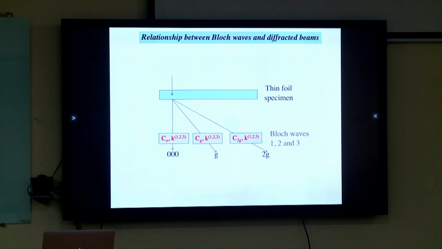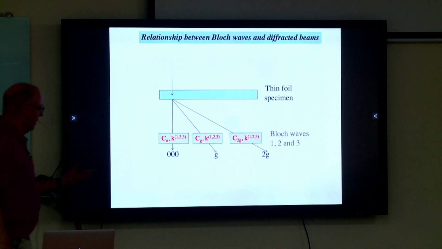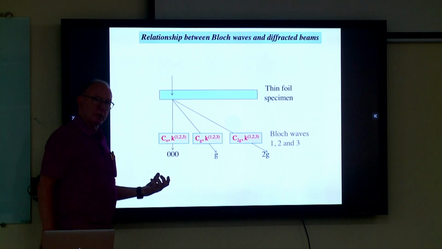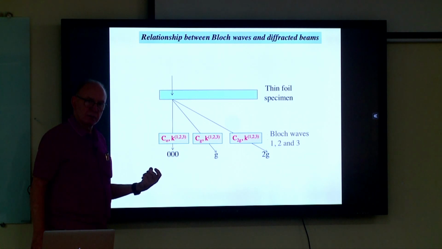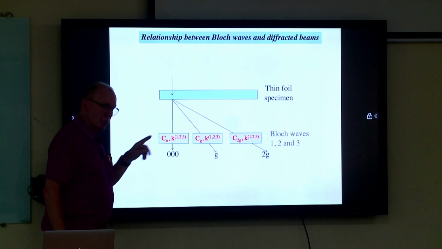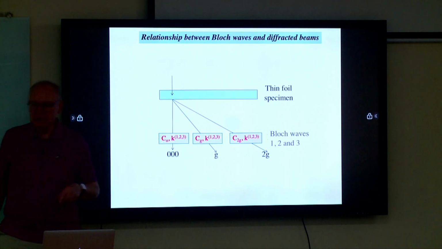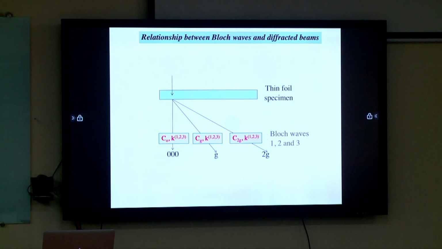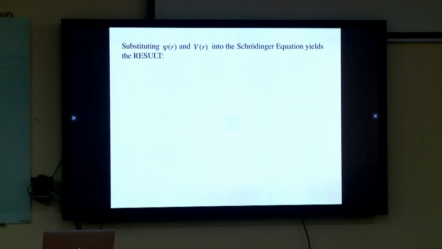So when we want to say what's the intensity in the direct beam, we're going to add up all the contributions from the Bloch waves, but just their C0 contributions. And each of those Bloch waves will have slightly different wavelengths, because the Ks will differ just a little bit. We'll see what that means shortly.